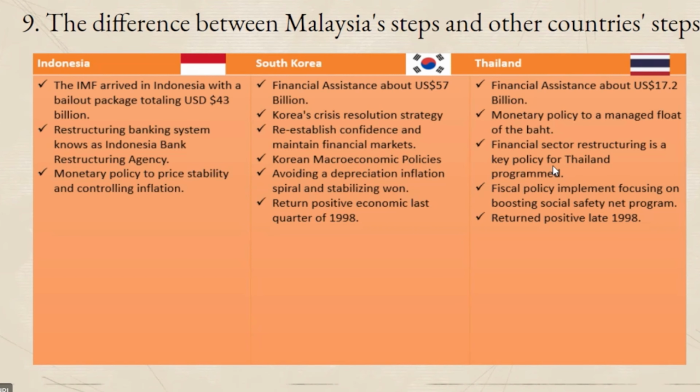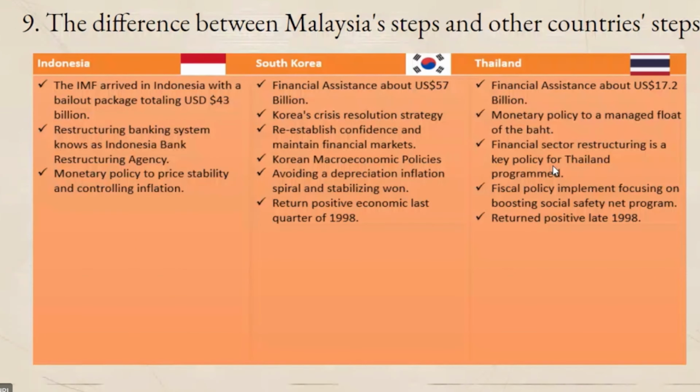The financial institutions restructured the key policy of the Thailand program. They focused on improving financial liquidity and fixing the banking system, because the system was really bad when the Asian crisis happened.